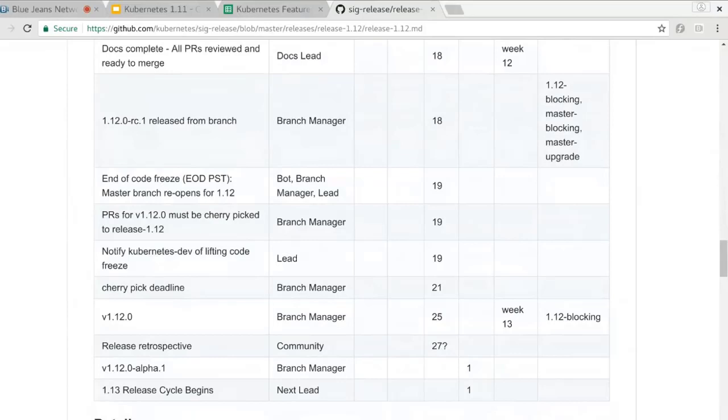That's July, August, September 25th. Yeah. So that's the general target for Kubernetes 1.12. September 25th. The 25th. Yeah. So the first month or so, which is what's happening right now, is essentially the features collection process, right?